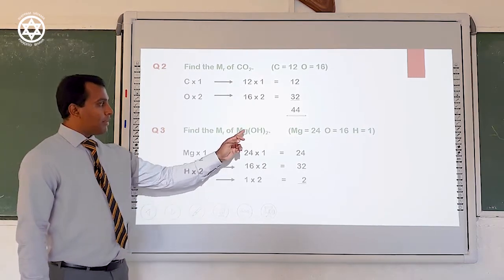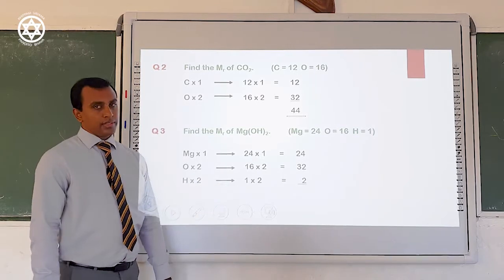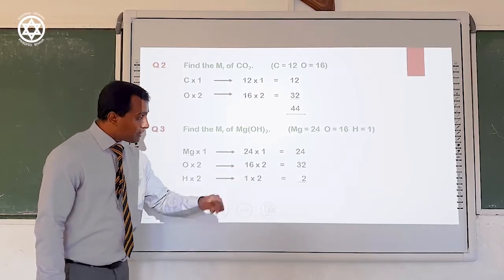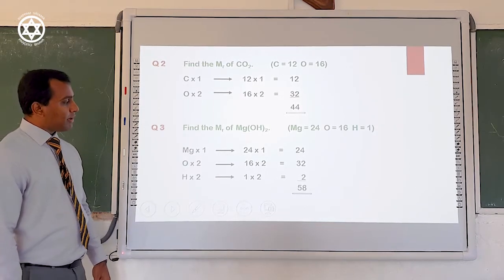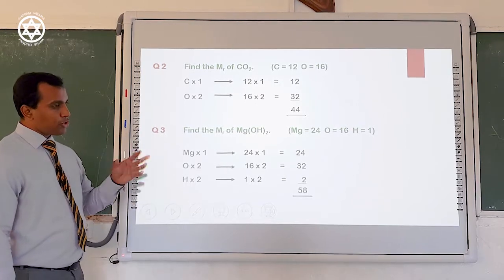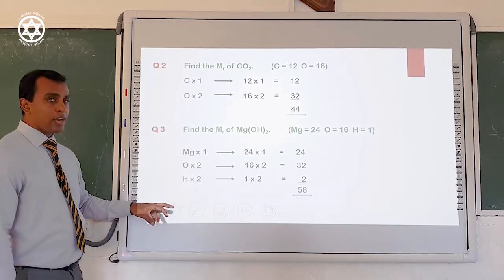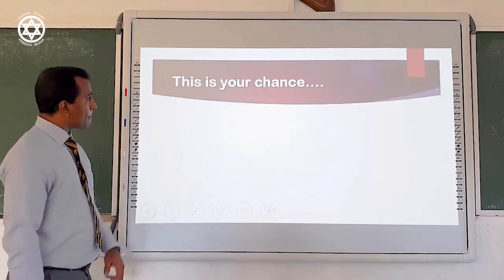Hydrogen. There are 2 hydrogens. The value of 1 hydrogen is 1. 1 into 2 means 2. Then altogether you will get the relative molecular mass of magnesium hydroxide as 58. 58. That is the shortest method that we have to follow to calculate the relative molecular mass of a molecule.